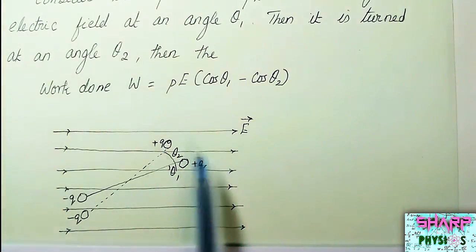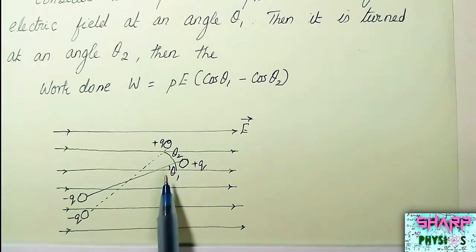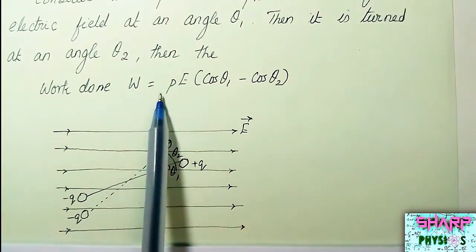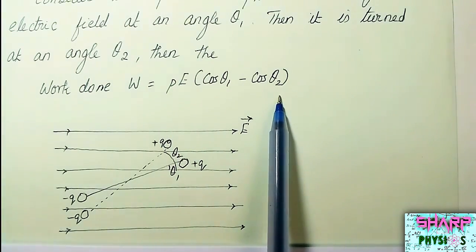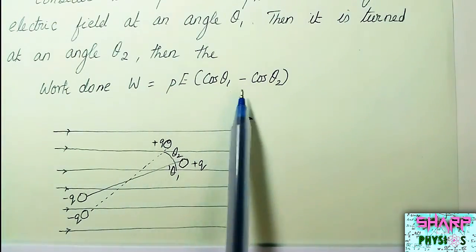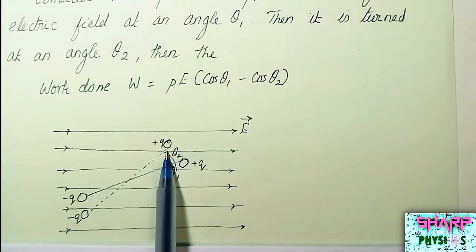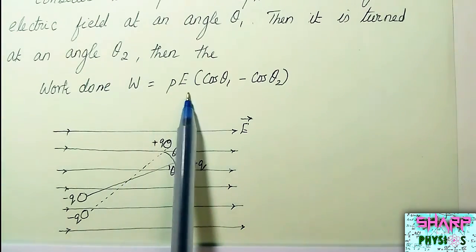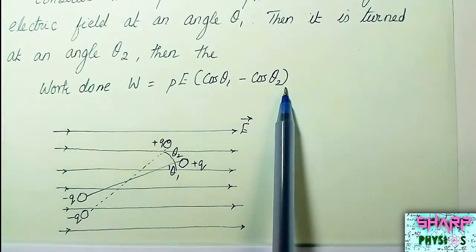The work done will be W is equal to P E into cos theta 1 minus cos theta 2.